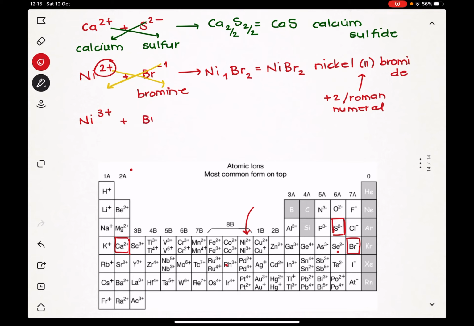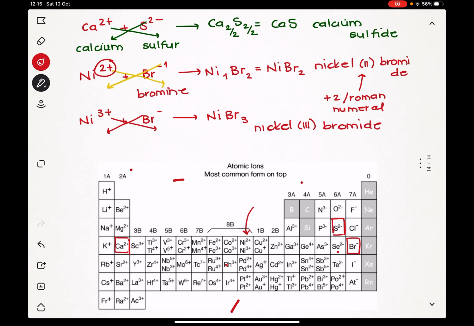So I have nickel. In this case, it has a charge of +3. I cross them. So I have NiBr3, right? So in this case, the name of this would be nickel 3 bromide.